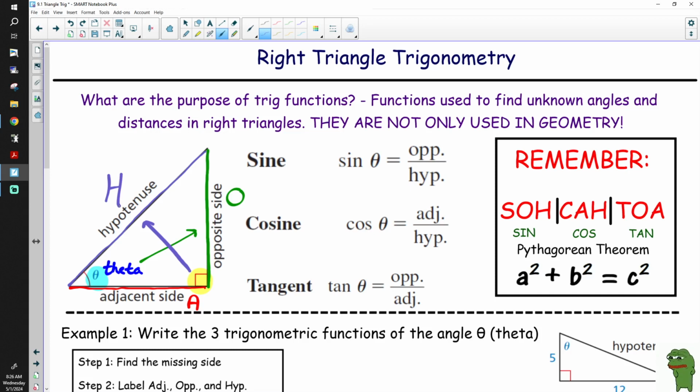The tangent measures the ratio between the opposite side and the adjacent side. Opposite side divided by the adjacent side is the ratio we use for tangent of theta. That's TOA. Tangent is opposite over adjacent. SOHCAHTOA is just a way to help you remember each of our three trig functions: sine, cosine, and tangent.